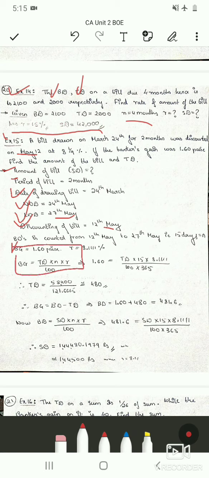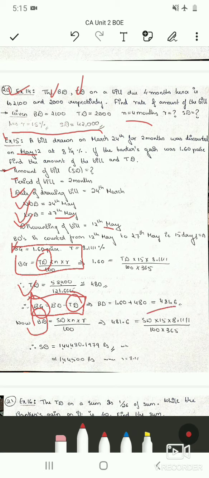With that you can find out the true discount. So all the terms are known except the true discount. So the true discount will be 480 rupees when you simplify. And they have asked for the sum due. To get the sum due, what we need is the banker's discount. So using this relation, again we know the banker's gain and true discount.